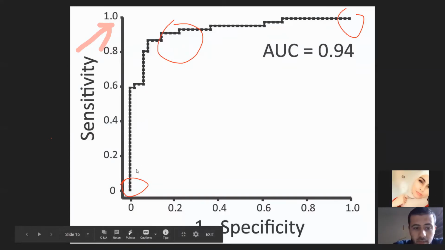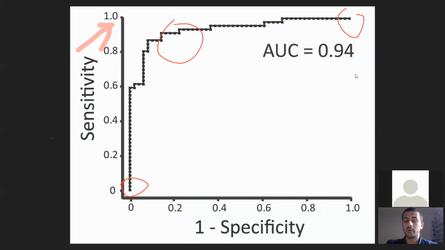So I usually use this graph, the area under the curve and the curve graph, just to capture the best cutoff for my sensitivity and specificity.